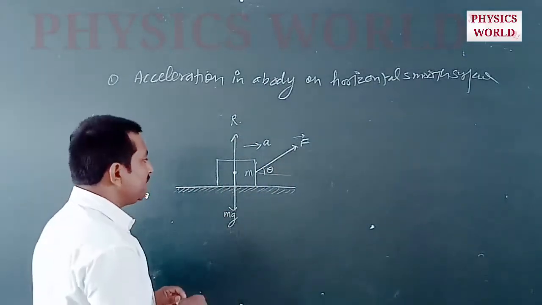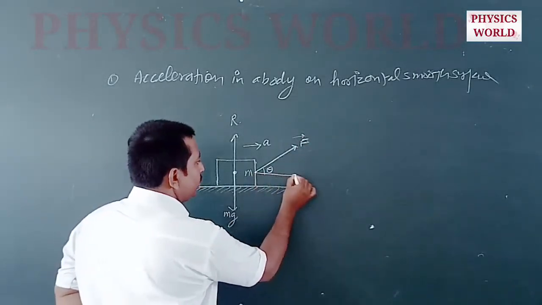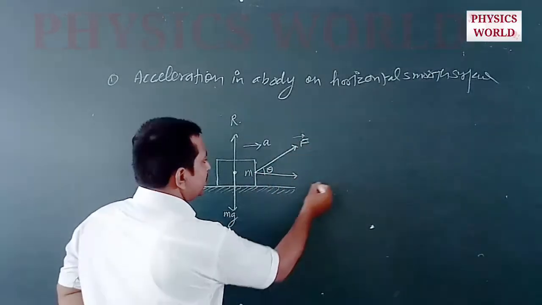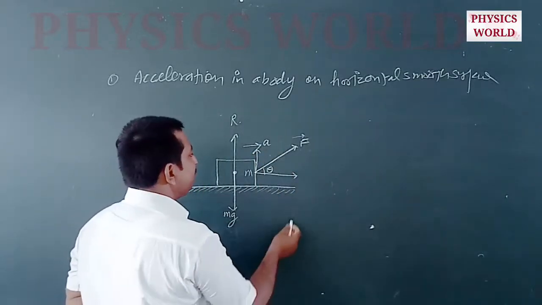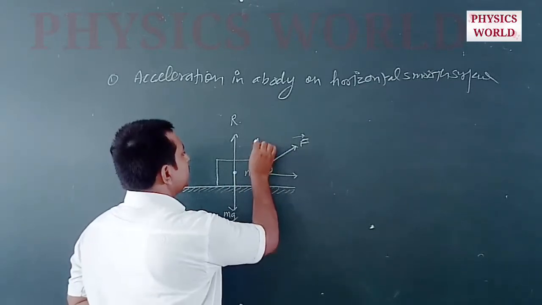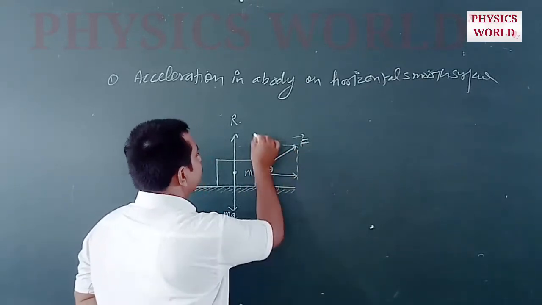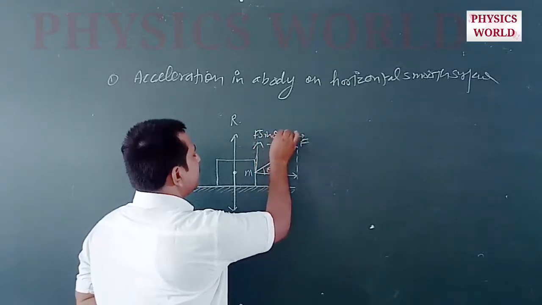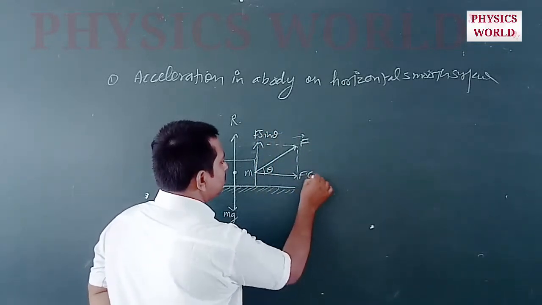We can easily calculate it if we resolve F into its two components, one along the horizontal and the other along the vertical. So we can find the value of the vertical component, which will be equal to F sin theta, and the horizontal component will be equal to F cos theta.